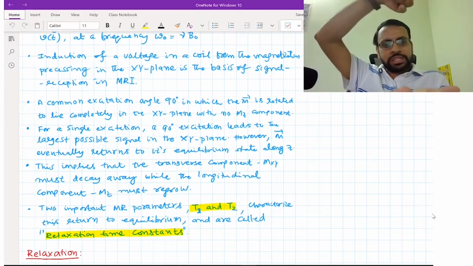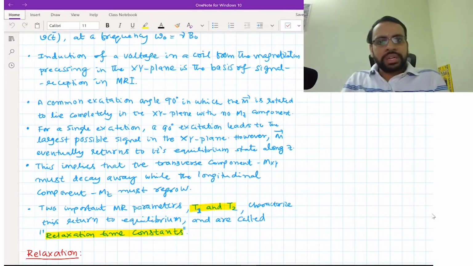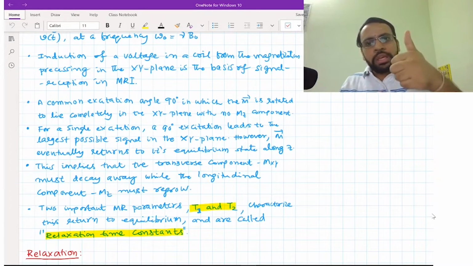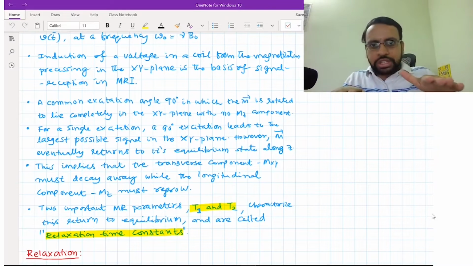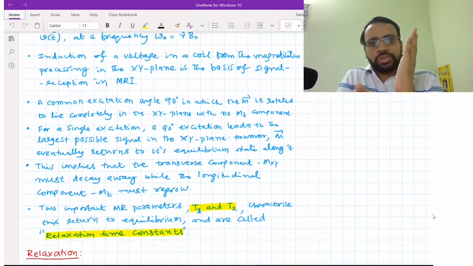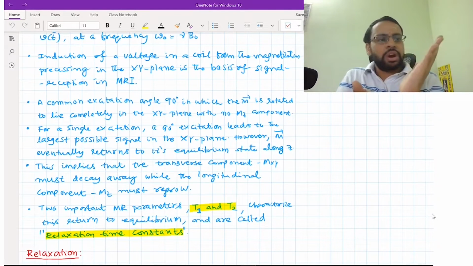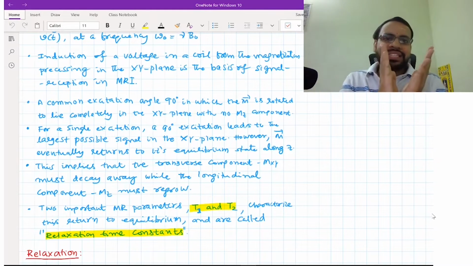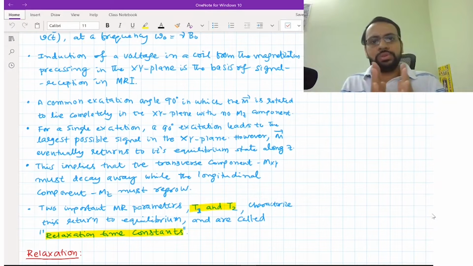What is of our interest is how the projection of this M bar vector on the xy plane is going to change, and how the projection of this M bar vector along the z-axis is going to vary.